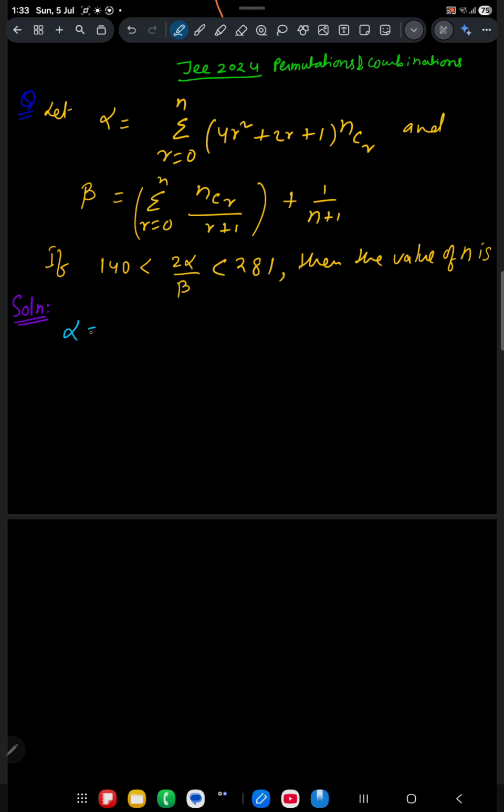Our alpha is the summation r equal to 0 to n of (4r square plus 2r plus 1) into nCr.